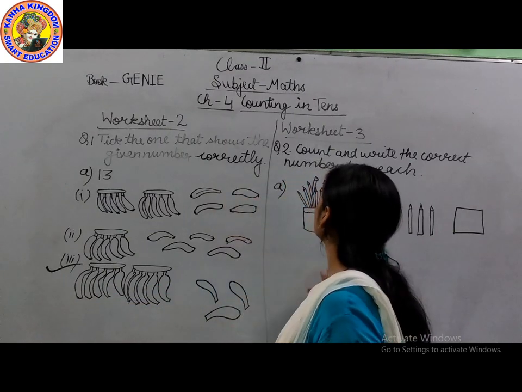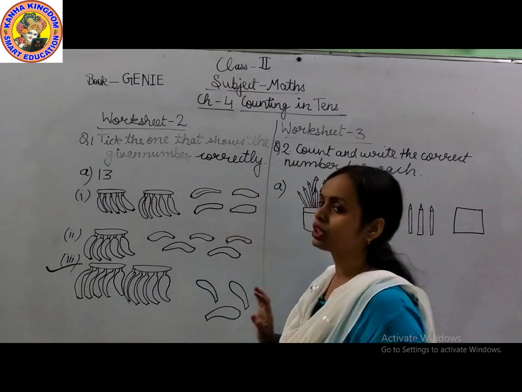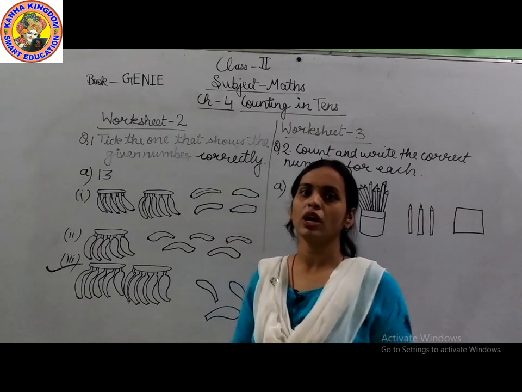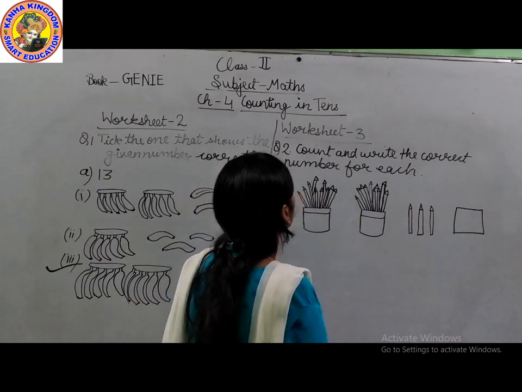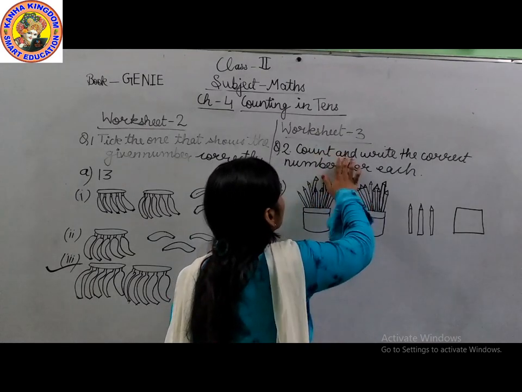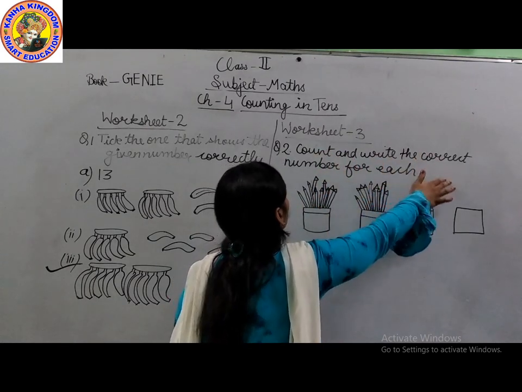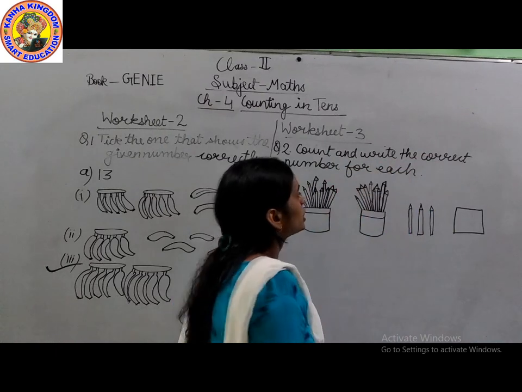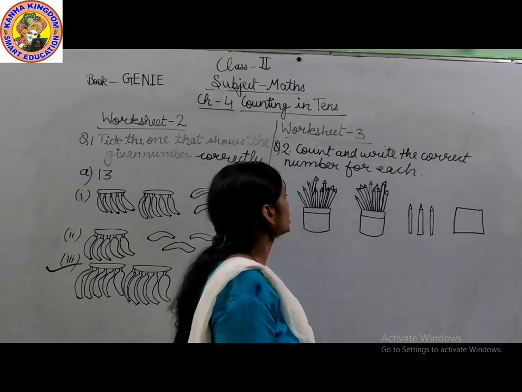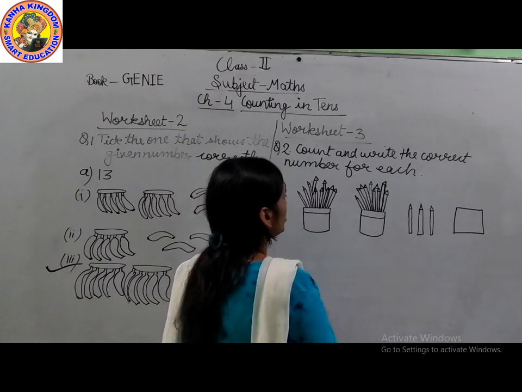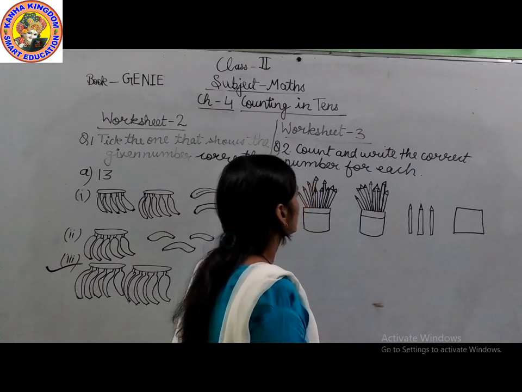Now in next worksheet, question number 1, match the following. So you have to do at home. Now in question number 2, count and write the correct number for each. So there is a bunch of pencils.